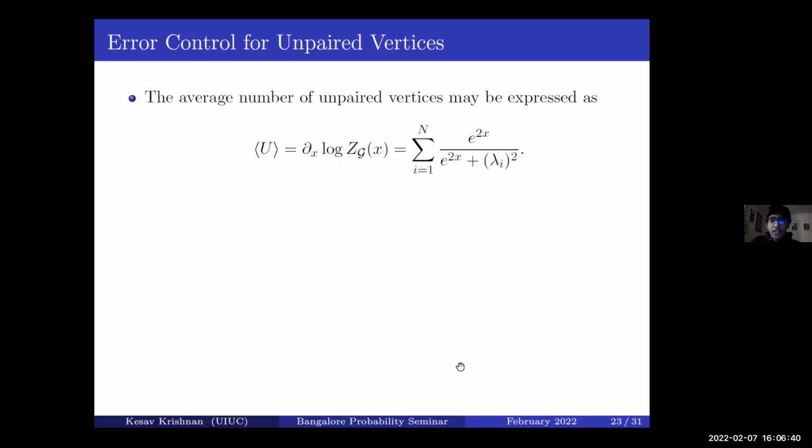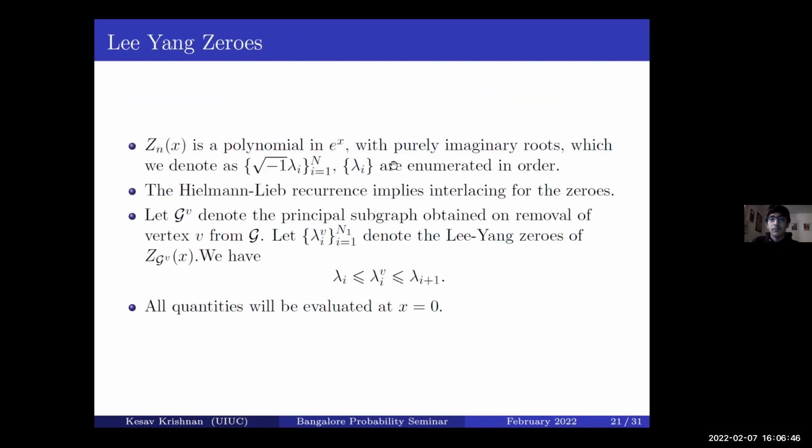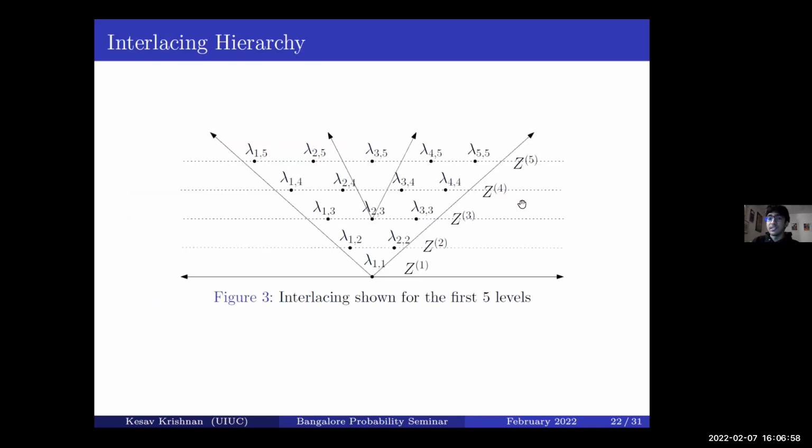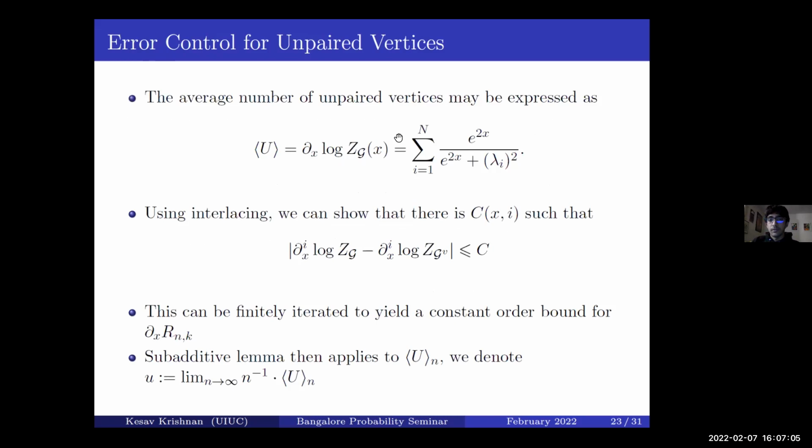I neglected to mention earlier why that's not a problem: your roots are purely imaginary and your partition function is real. That means they're conjugate pairs of each other, so they're symmetric about 0. So this function can actually determine the measure.